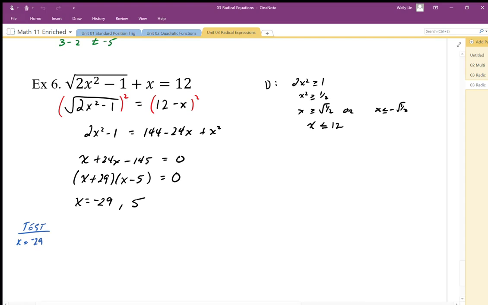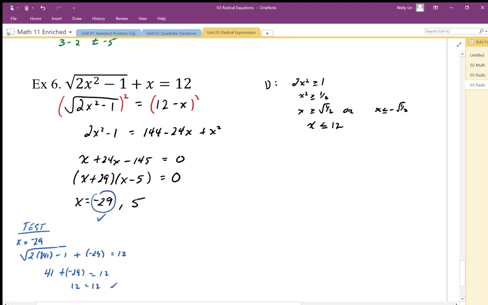So I'm going to end up with the square root of 2 times 841, which is x², minus 1, plus −29 equals 12. Okay, and then minus 1, square root of 1681 is 41. So we end up with 41 plus −29 is equal to 12. Yeah, 12 equals 12. Yeah, we're all good.